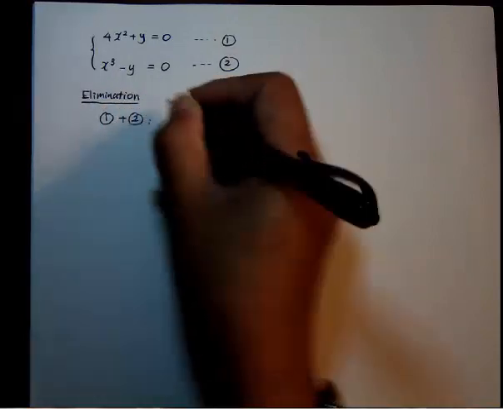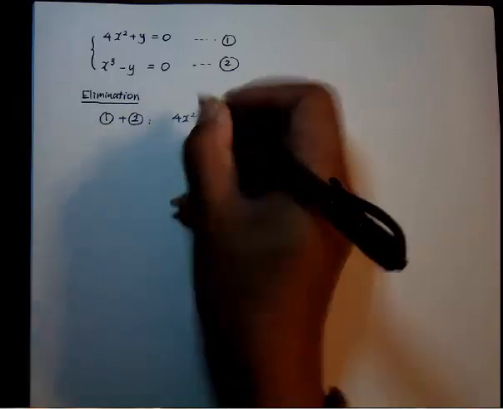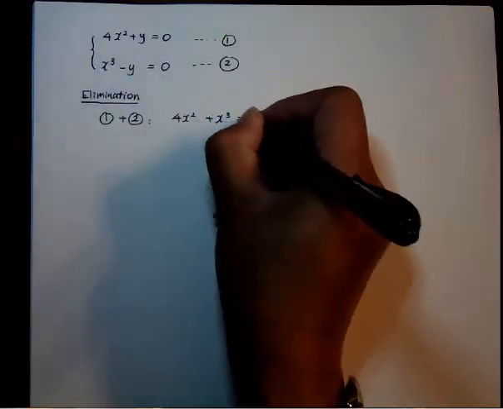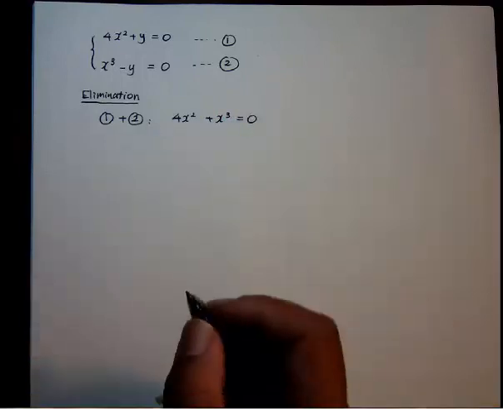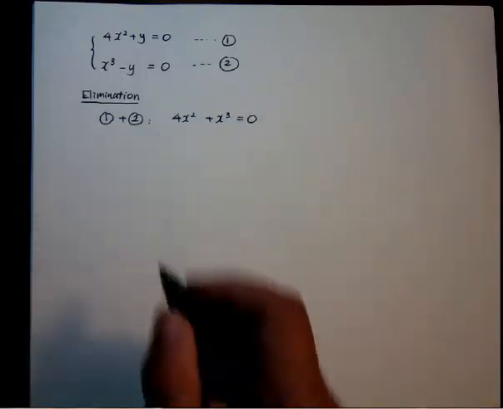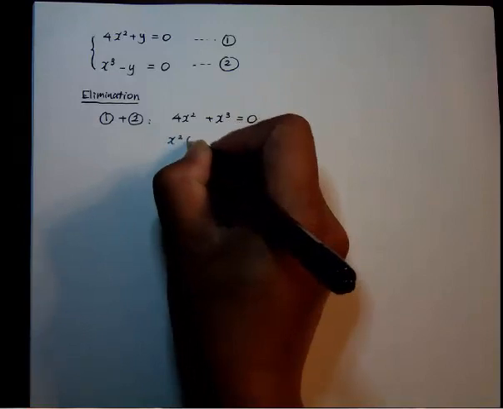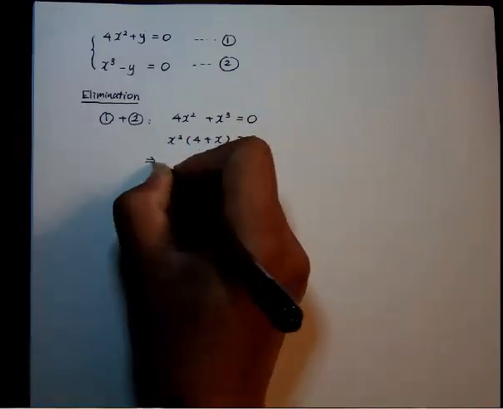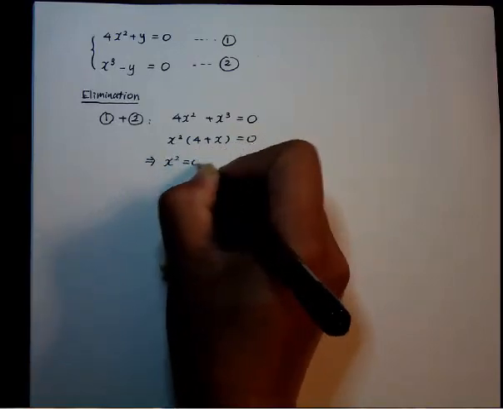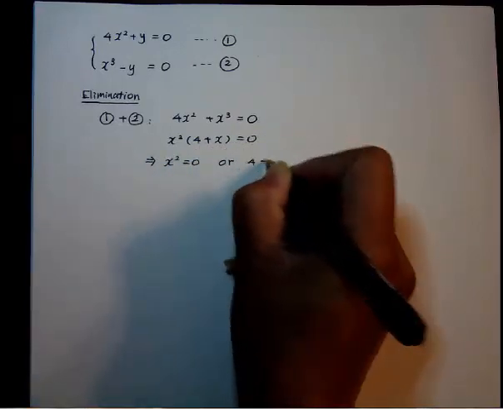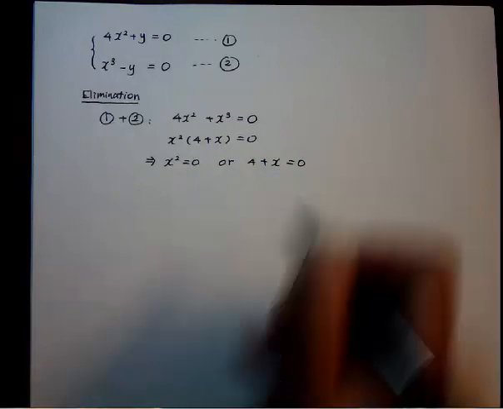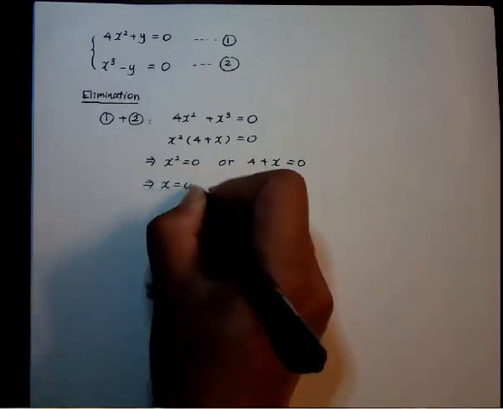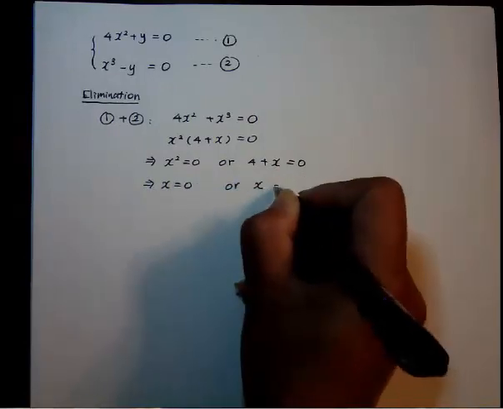Let's see what I get. 4x squared, because y will be cancelled, plus x cubed equals 0. Now take a look at that. They have a common factor x squared. x squared times 4 plus x equals 0. Then x squared equals 0, or 4 plus x equals 0. So from here, again, we get x equal to 0, or x equal to -4.